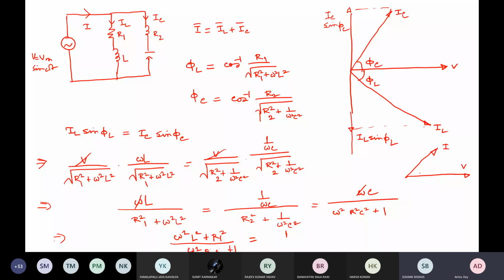So this angle is equal to phi. It depends on the parallel circuit and series circuit how you want to draw. I'll just clear your confusion. In the parallel circuit, we did it by current, not by voltage, for finding the value of the angle.